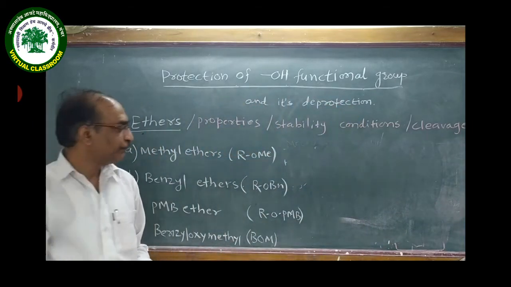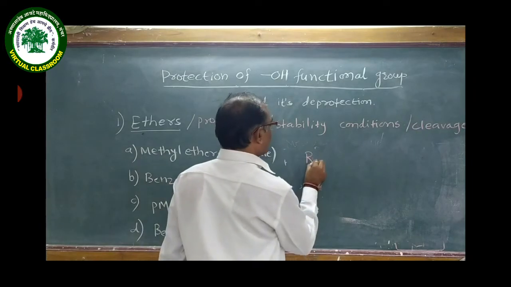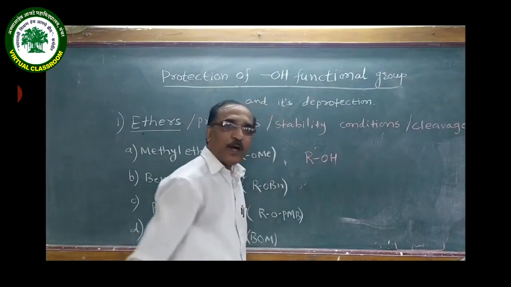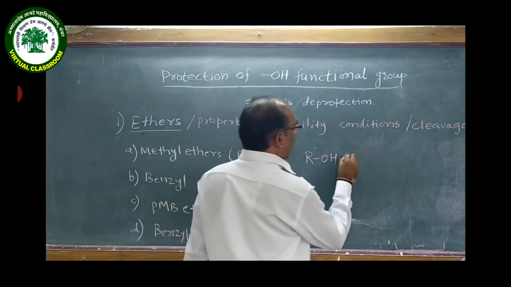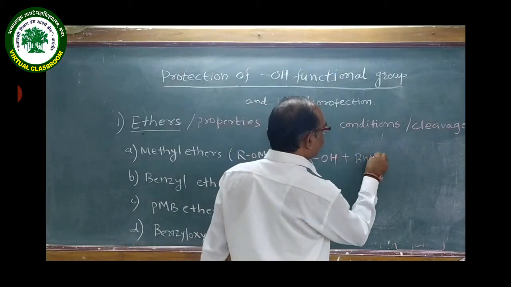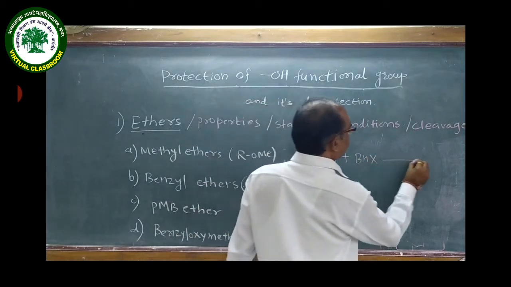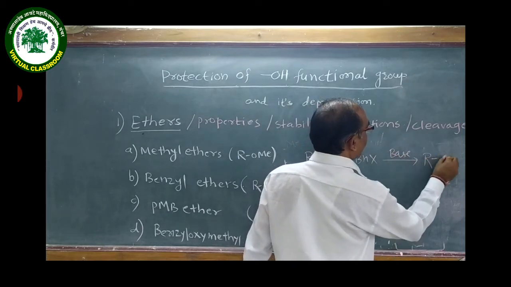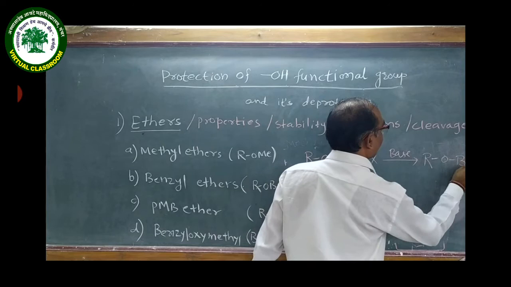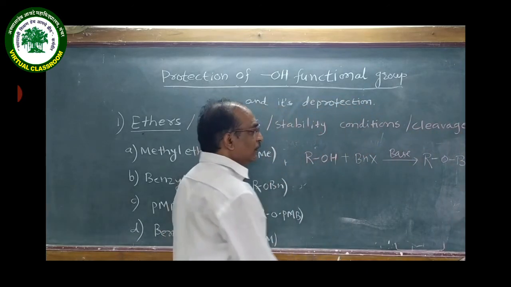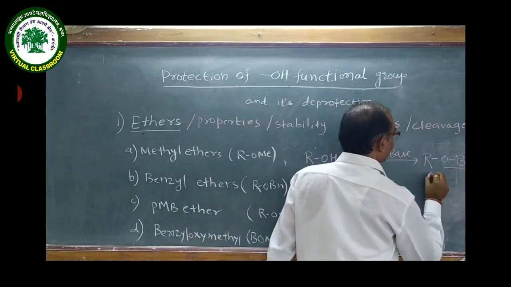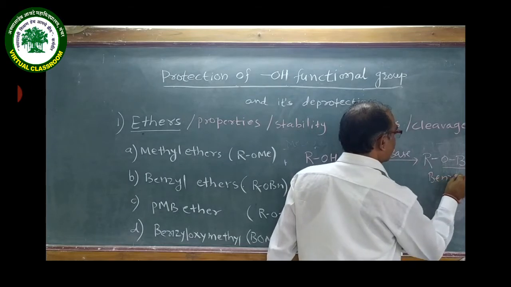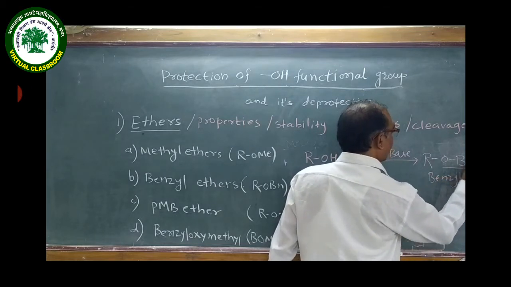Now you see ROH, one of the alcohols you take. Then add benzyl halide, then some base, and you get ROBn, meaning a benzylated ether.